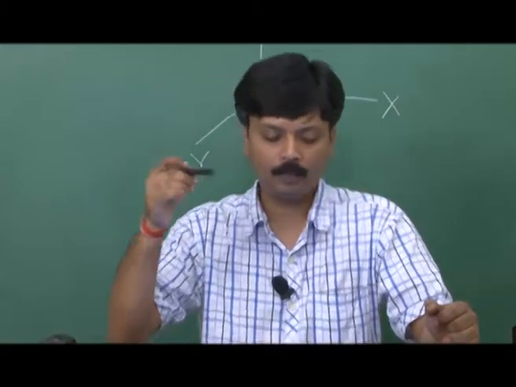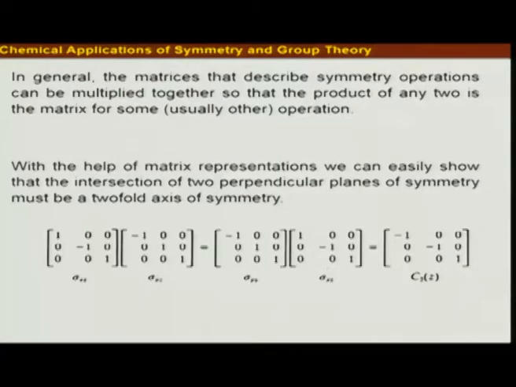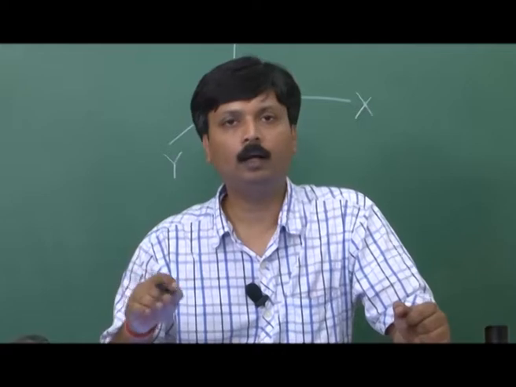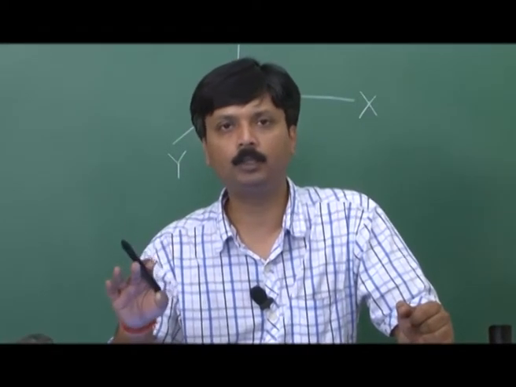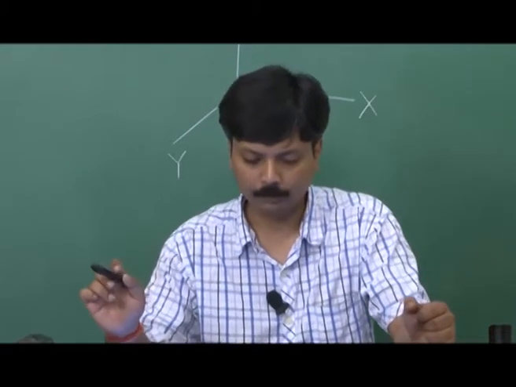Now if we take the matrix forms of sigma xz and sigma yz and do the multiplication, then I will end up getting a matrix representation which actually gives me the matrix representation of C2z. So this matrix multiplication can satisfy the successive operations of these symmetry operations.